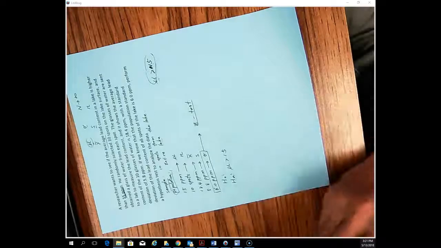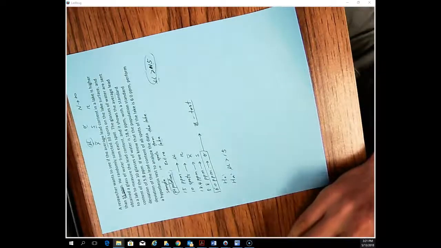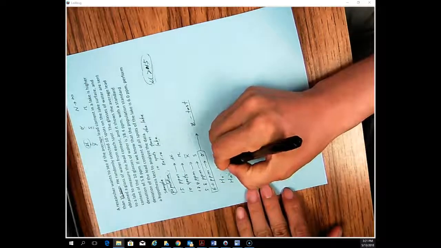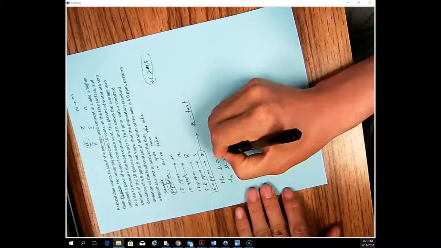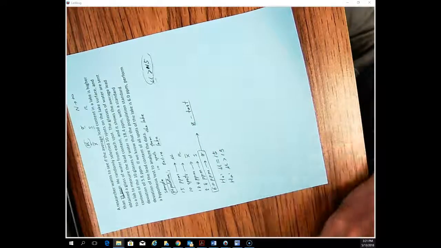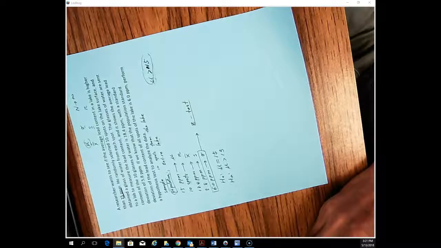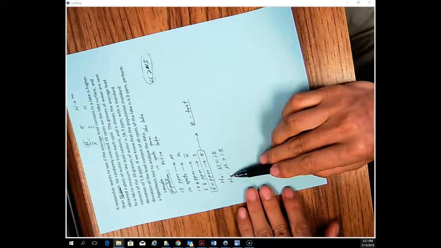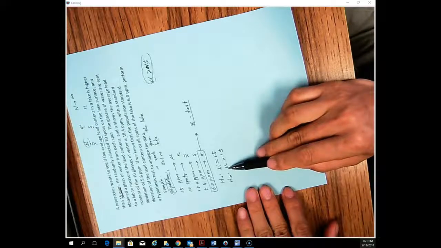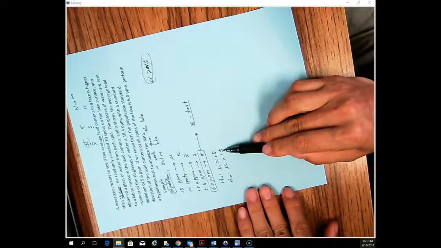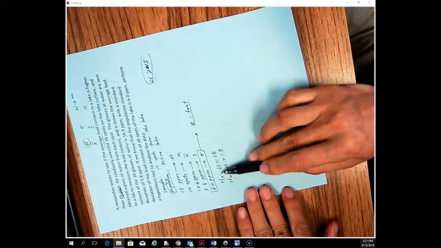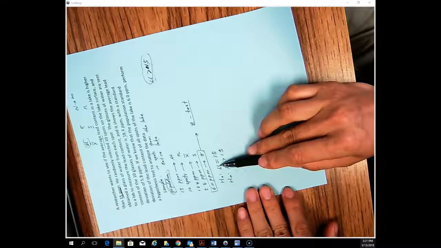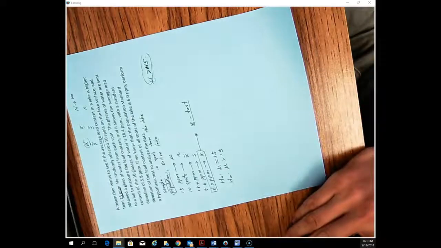Once you find one of the hypotheses, the other hypothesis is automatic. All you need to do is change the greater than sign back to an equal sign. So what it means is the alternative hypothesis is that the average lead content of the entire lake is higher than 15 ppm, and the null hypothesis is that the average lead content of the entire lake is equal to 15 ppm.